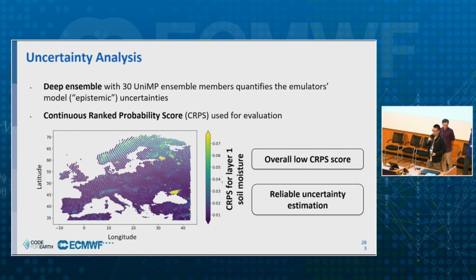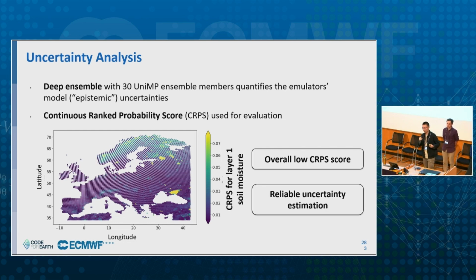From this figure, we can see the spatial variability of the CRPS score, and it shows a very similar pattern to what we observed in the previous spatial error variability analysis. In most places there is a very low score, which means that the uncertainty associated with the ensemble is quite small, but there is a relatively higher score in the Nordic region, in the Scandinavian regions.